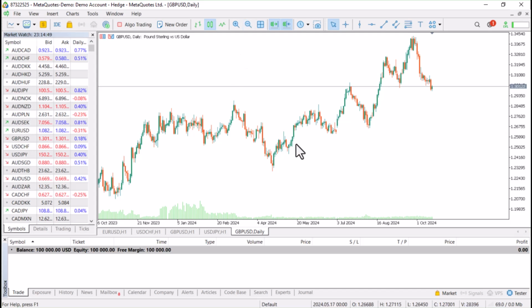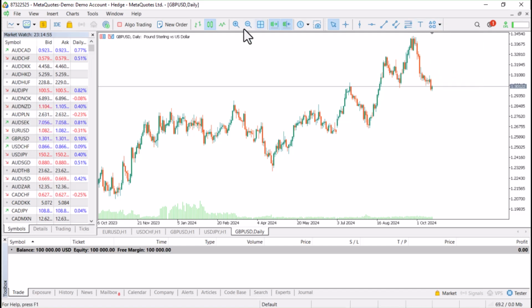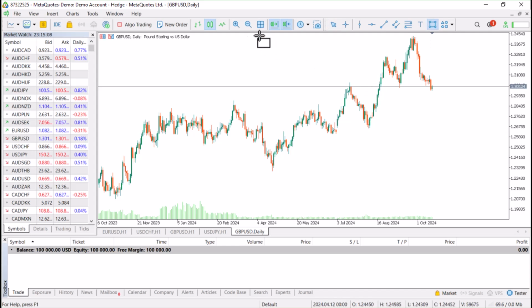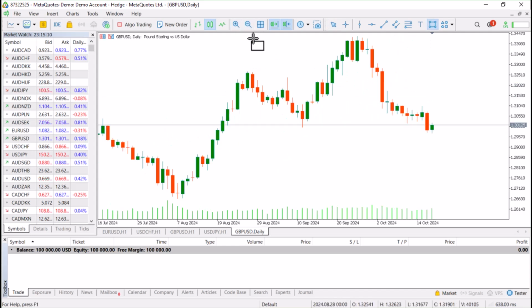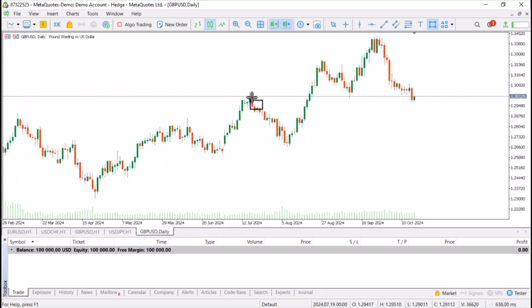So on this price chart, let's say for instance we have a support at this level. Let me customize and add some tools right here. Insert, close. Now let's say for instance we figure out a support in this level.